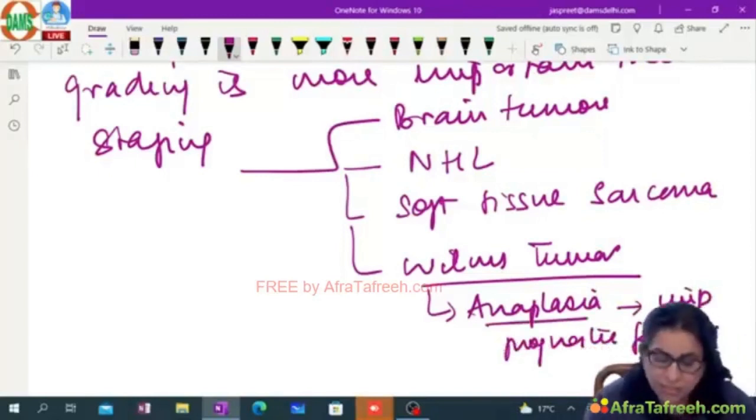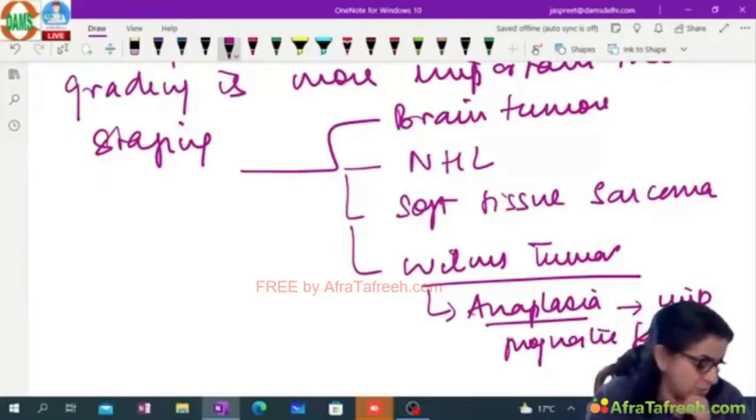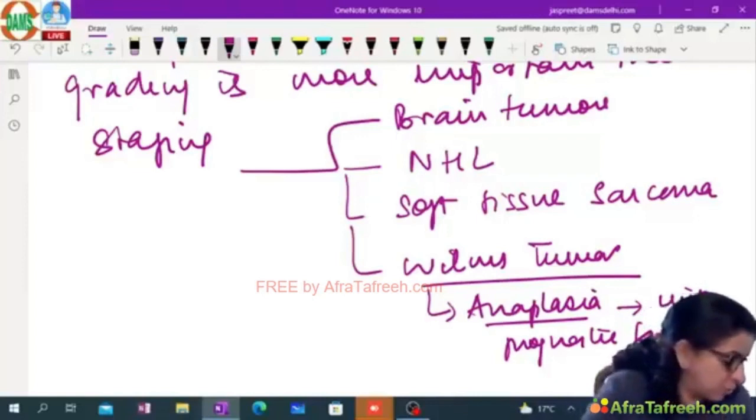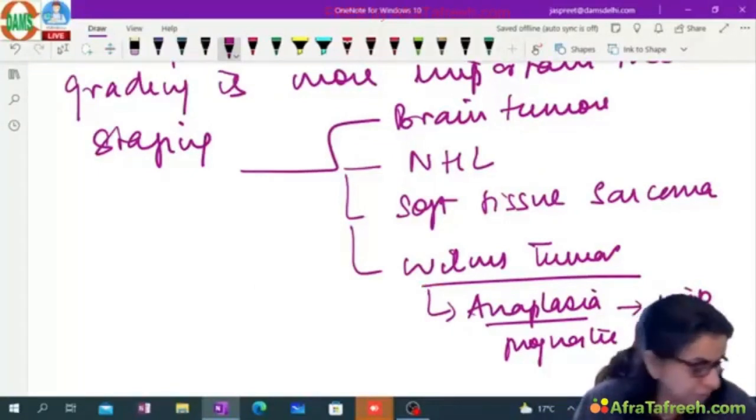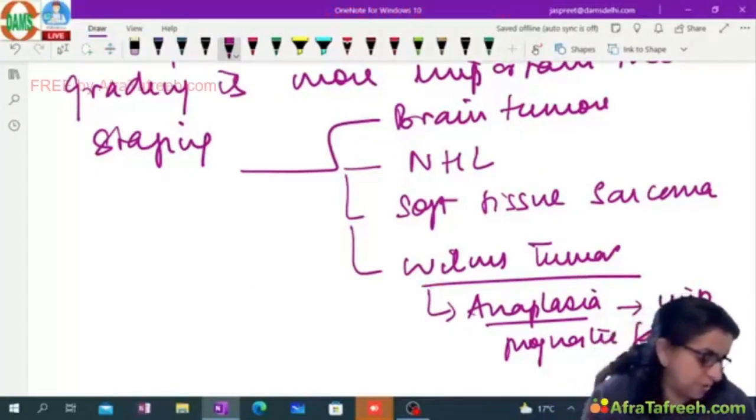If anaplasia is there in Wilms tumor, it will have a poor prognosis. Okay, so this is about grading versus staging of tumors.